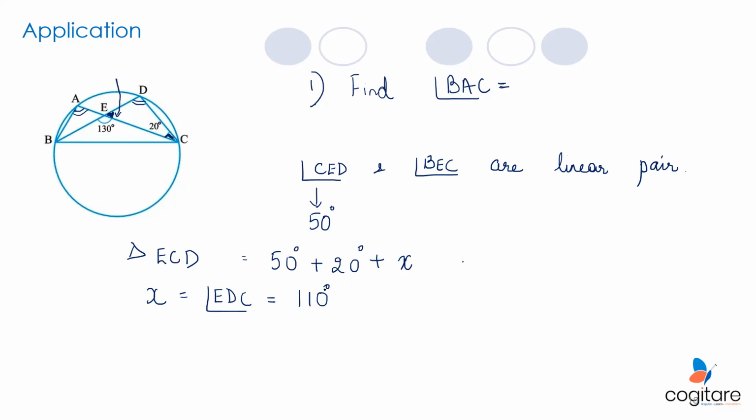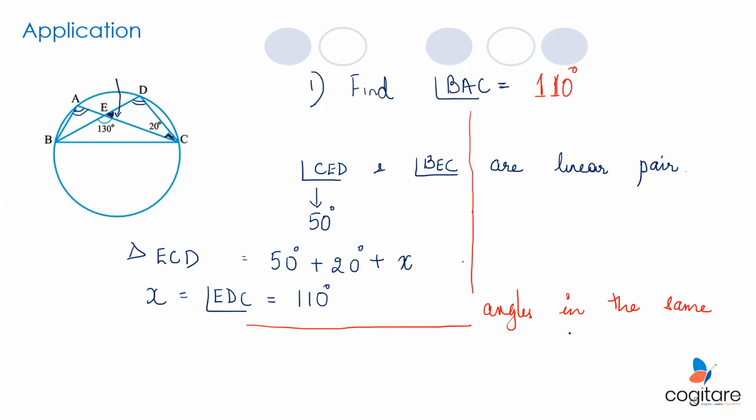Angle sum property of a triangle gives you EDC as 110, which then helps us to find BAC because these are angles in the same segment. So even BAC is 110, right? EDC and BAC are angles in the same segment. Well, I am just writing it this way. I request you to please write it well with reasons one below the other. I just drop these lines to just show that they are equal. Fantastic.